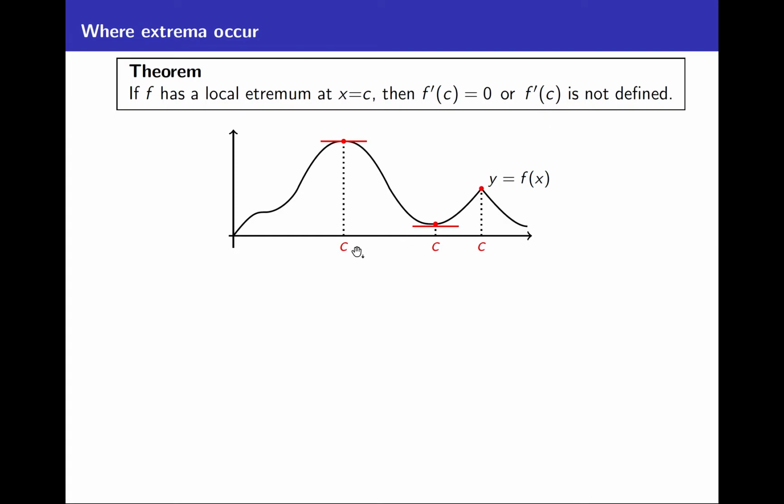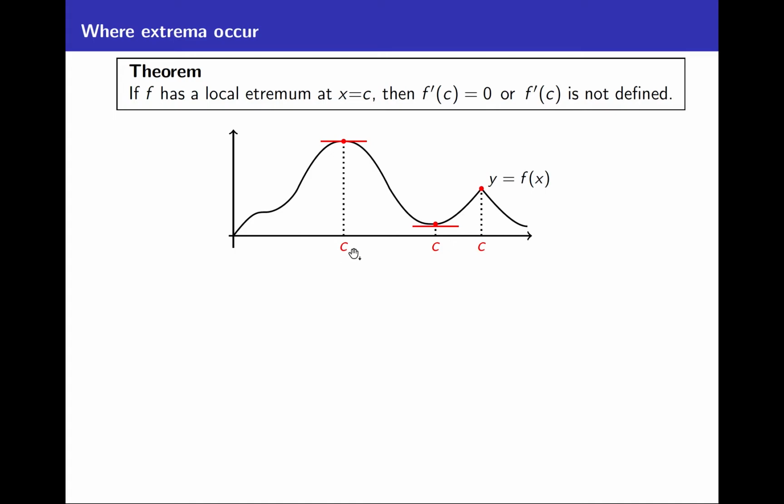On the other hand, think about a local extremum where the derivative is defined. What would f prime of c be? Well, at this local extremum right here, for example, f of x has stopped increasing and started decreasing. So it's neither increasing nor decreasing at c.